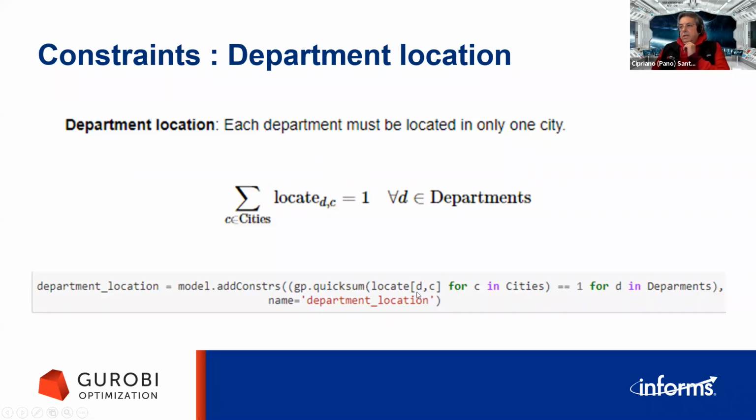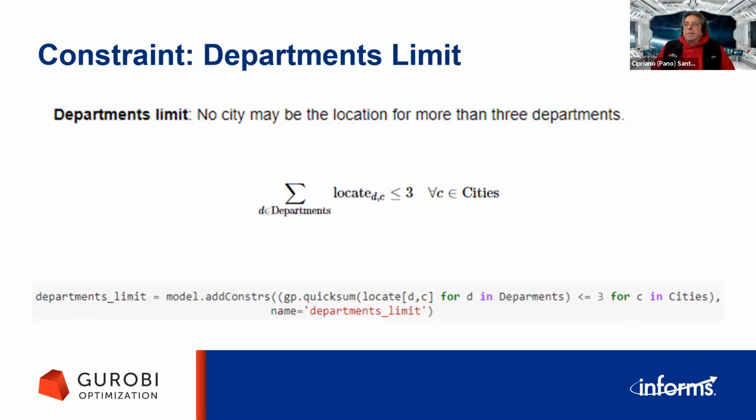So for each department D, we are going to decide in which city this department D is going to be allocated, and the summation is going to be equal to 1. And then we have this for loop that is running over all the departments, and this is the name of these type of constraints.